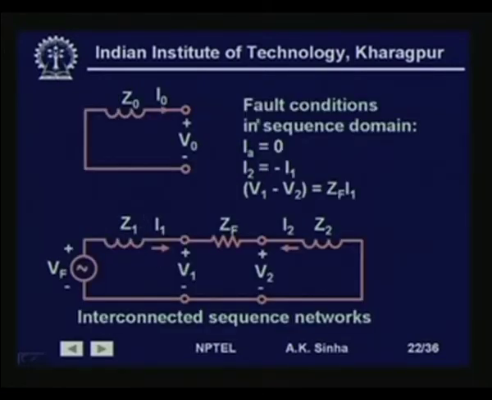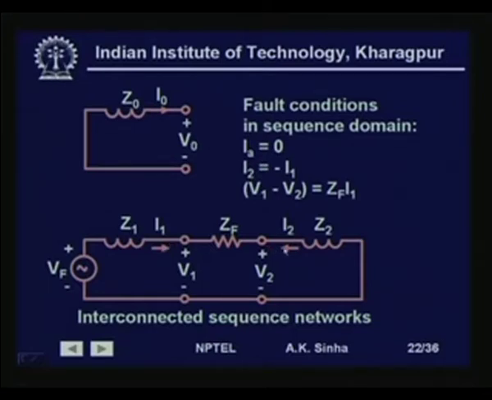So, this is the other condition that we have, V1 minus V2 is equal to Zf into I1. So, we see that I0 is equal to 0, that means the 0 sequence network is open, and since there is no voltage source, this V0 has no meaning. So, this network is a dead network as such. We have I2 is equal to minus I1. So, this is the positive sequence network, and this is the negative sequence network, and this current I2 is flowing in this direction and I1 is flowing in this direction.